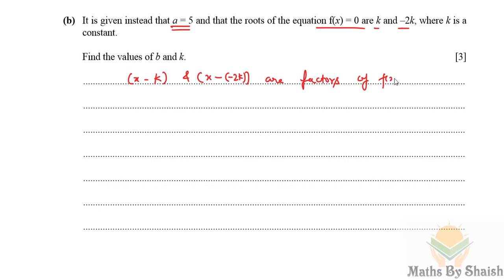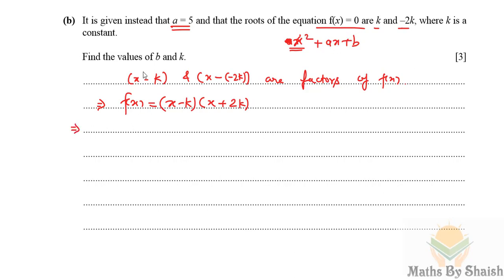of f of x, and here f of x was x square plus ax plus b, and the coefficient of x square is 1, and if we multiply these two factors we will get again coefficient of x square as 1. So we can say that this f of x is going to be x minus k and x plus 2k, the factorized form.